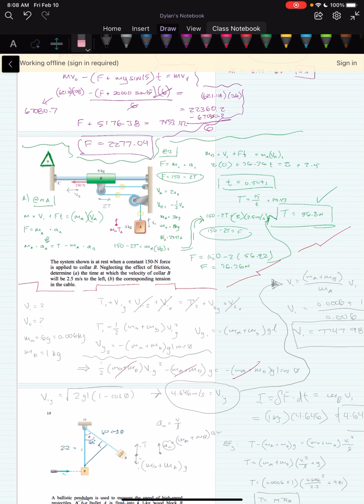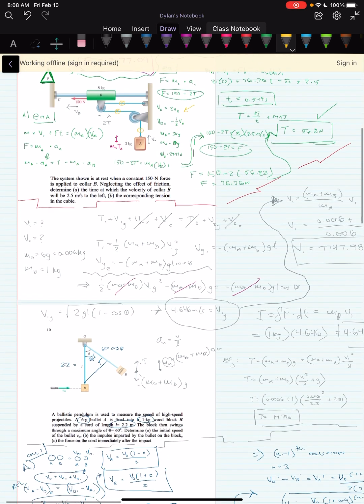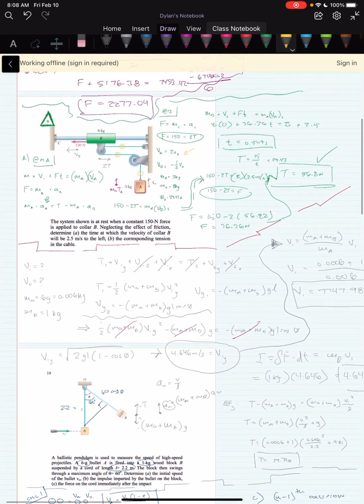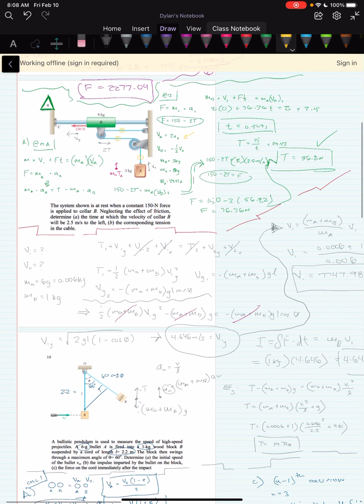The only thing that confused me was right here, the 2 of the potential energy of B, and how that was tied in. But I'm going to study that this weekend and understand it better.